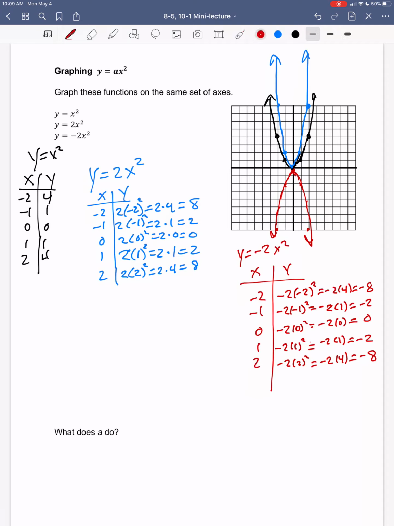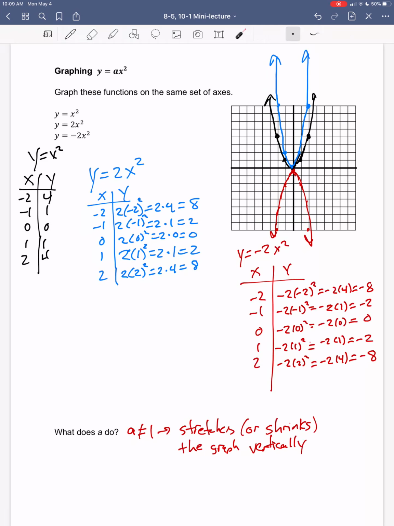So what does a do? Well, it has two things. First of all, if a is not equal to 1, it stretches or shrinks the graph, and we say it's doing that vertically.